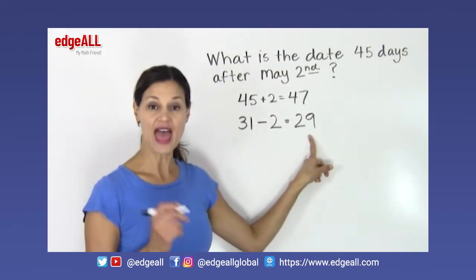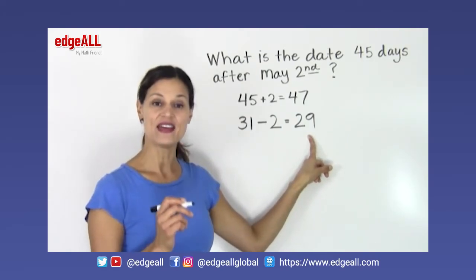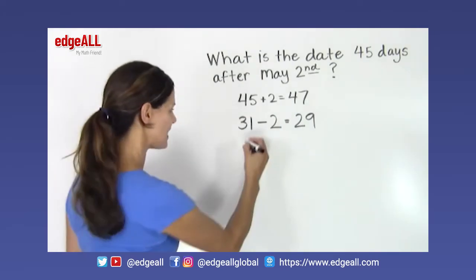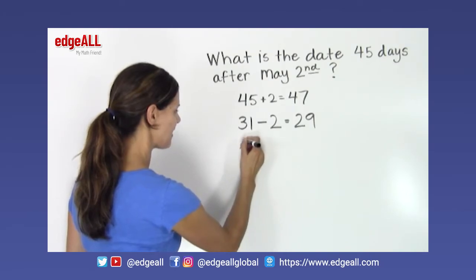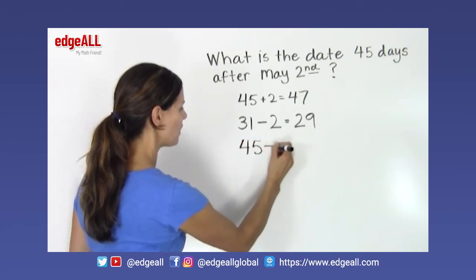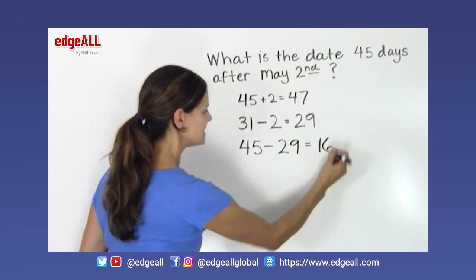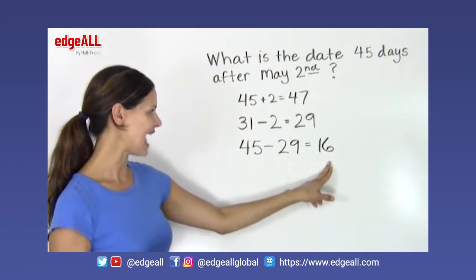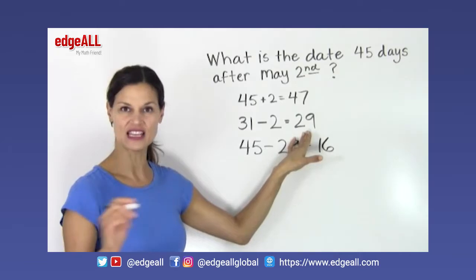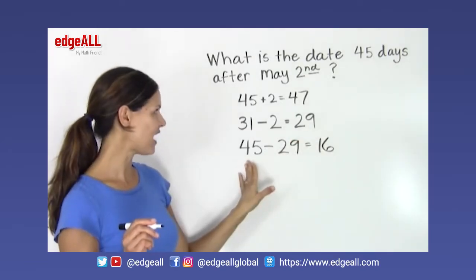So after May, the next remaining days will be however many are left of the 45 once we subtract the 29. So 45 is the total.